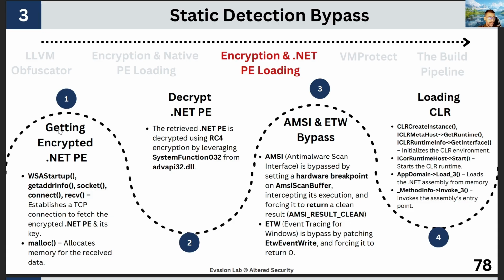The first step is getting the encrypted .NET PE. This step focuses on how the encrypted .NET payload is obtained using network communication for PE retrieval. The process establishes a TCP connection using the following network functions. WSAStartup initializes the WinSock library for networking.